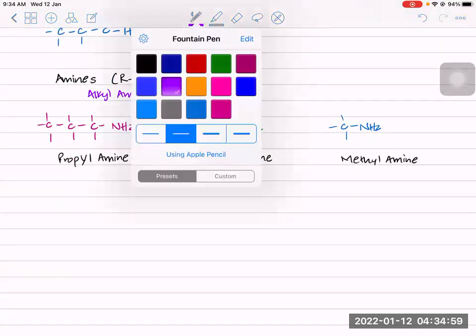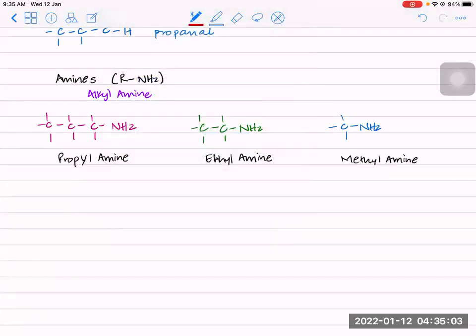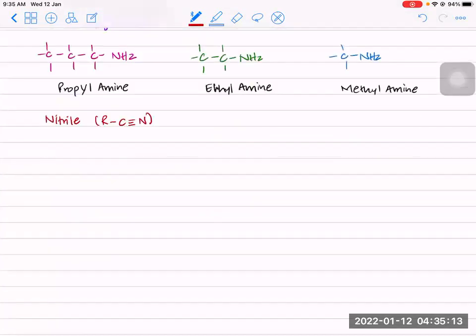Then we have nitriles. Let's see the nitriles. Nitriles are R, C triple bond N. Now how do we name them? Let's say you have a 2-carbon nitrile.